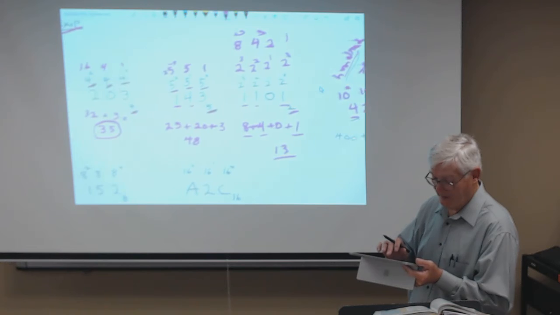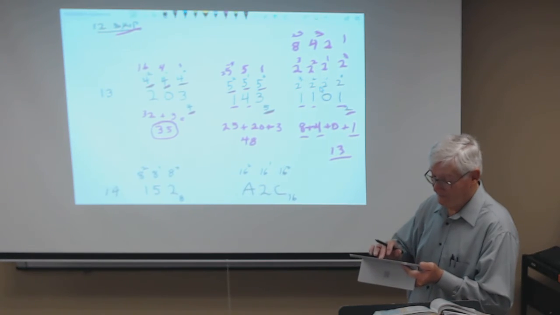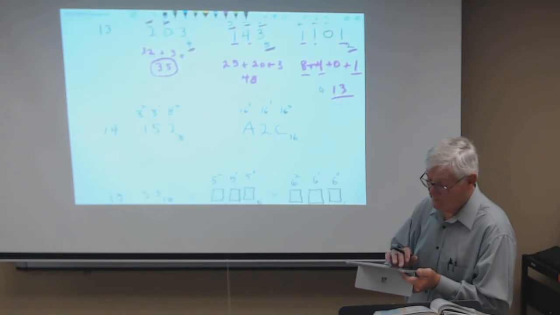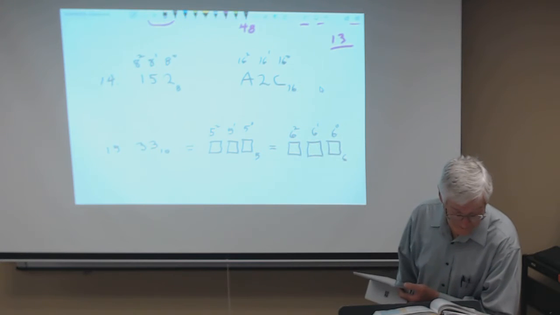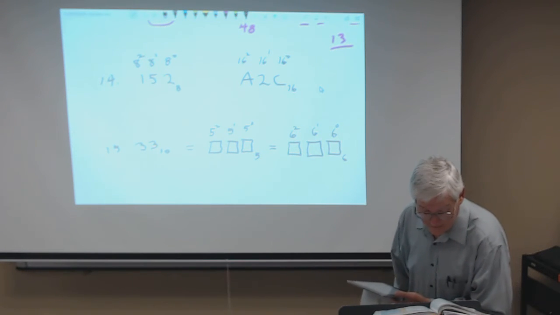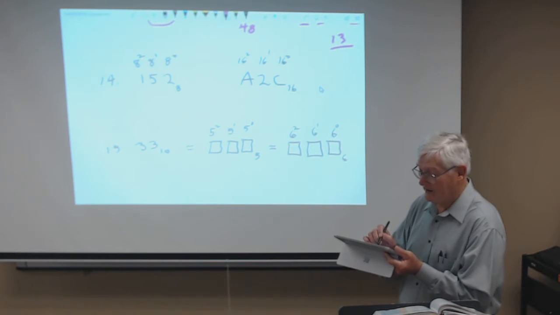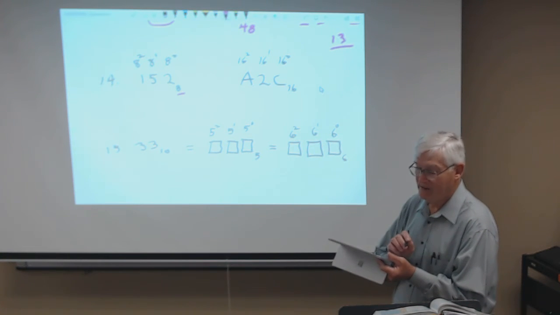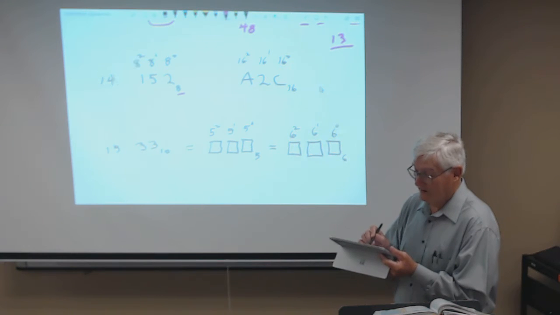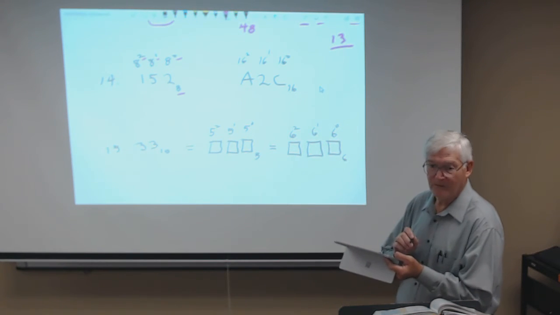Let's do something else. Number 14. What's number 14 say? Change the following to decimal notation. So now they want me to change this, and this is in the base 8. So that's 8 to the 0, 8 to the 1, and 8 to the 2.